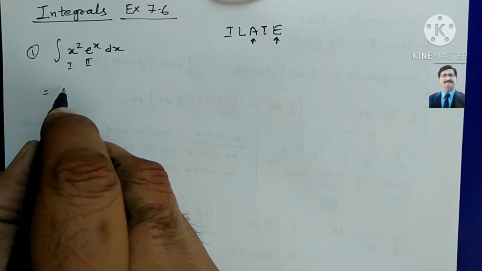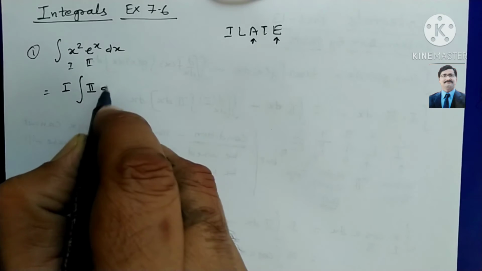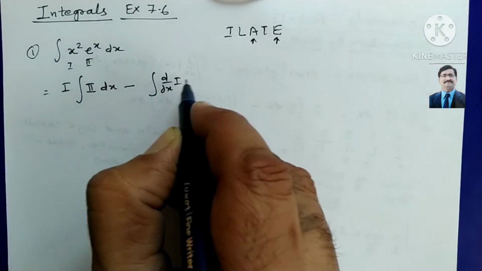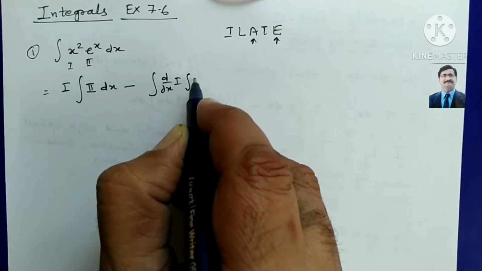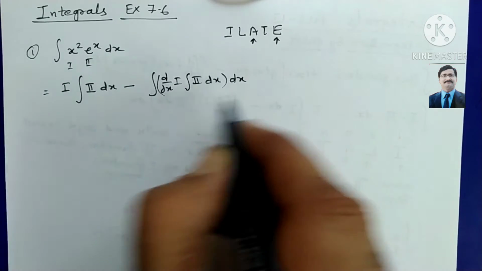So according to the rule, the integral is first, integral of second dx minus the integral of the differential of first and integral of second dx, and whole dx. This is the formula.